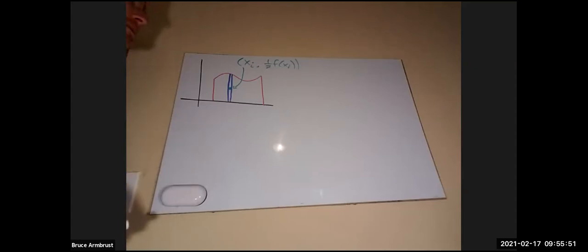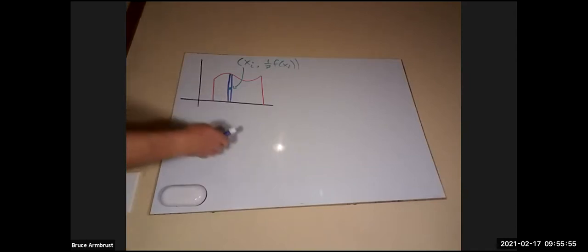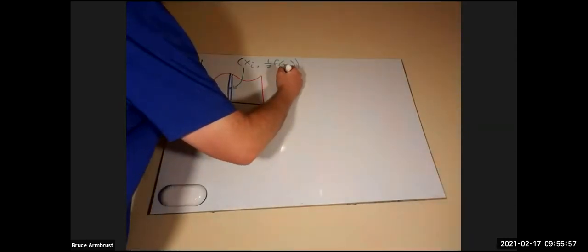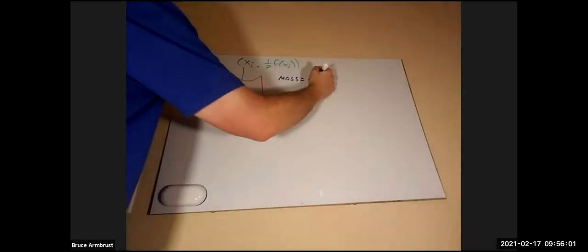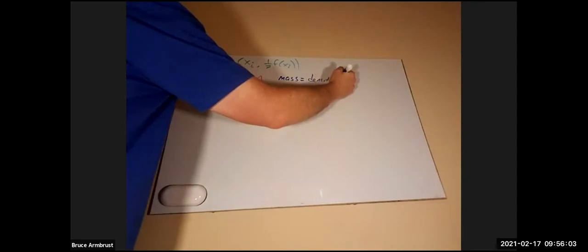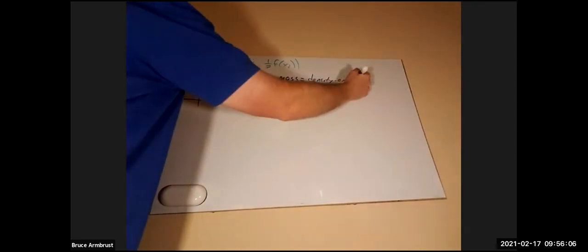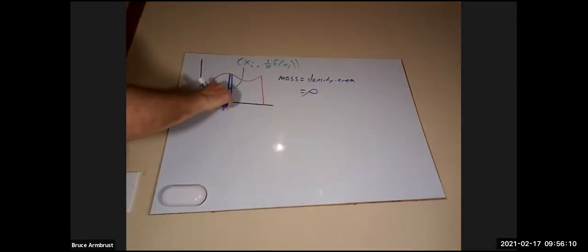But we also need to know its mass. So let's think about the mass of that little strip. The mass is going to be the density times the area. So let's just go with the density of rho. And the area of this strip is its height times its width.